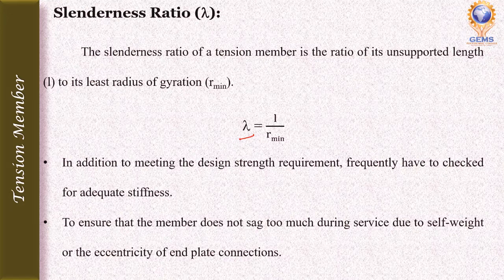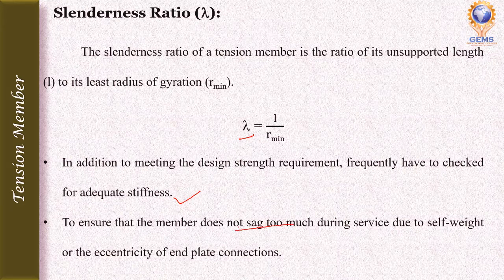We have to ensure that the member does not sag too much during service due to its self weight or the eccentricity of the end plate conditions. That's why we find the slenderness ratio, to adequately check the stiffness.